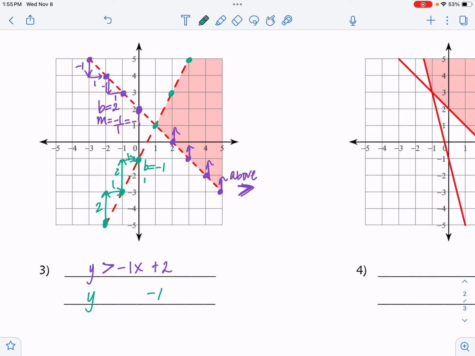And so the slope would be 2 over 1, which simplifies to just 2. For the inequality, go to the shaded region and draw arrows from these points to the shaded region. Each of these are pointing down, so we know it's below. And so we want to use our less than sign, once again with no line underneath it because it's dotted.